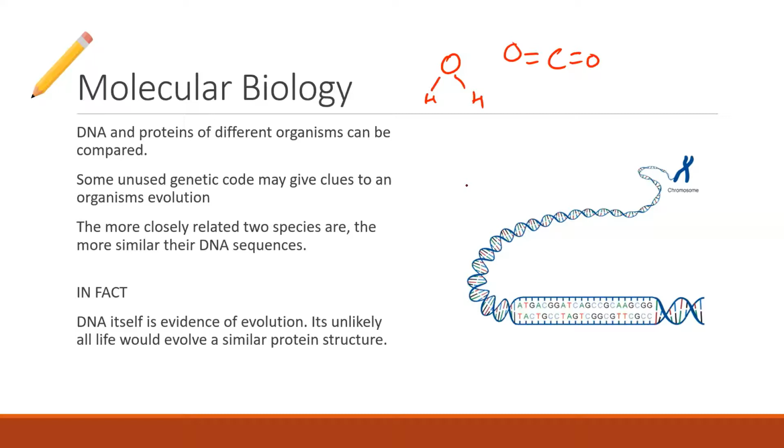I'm going to take this on a little bit of a tangent here, because I know you guys are copying this down. This is one of the reasons why we have to be very careful when we look into space for extraterrestrial life or aliens. They didn't evolve with DNA, so they won't have evolved with DNA.